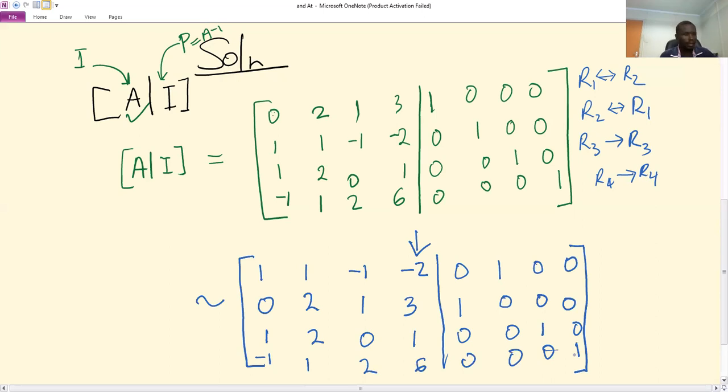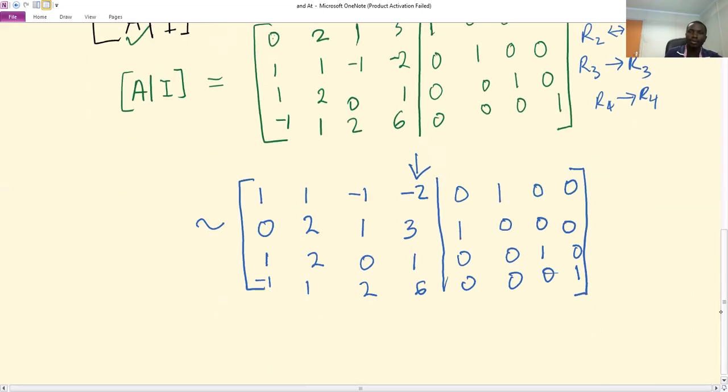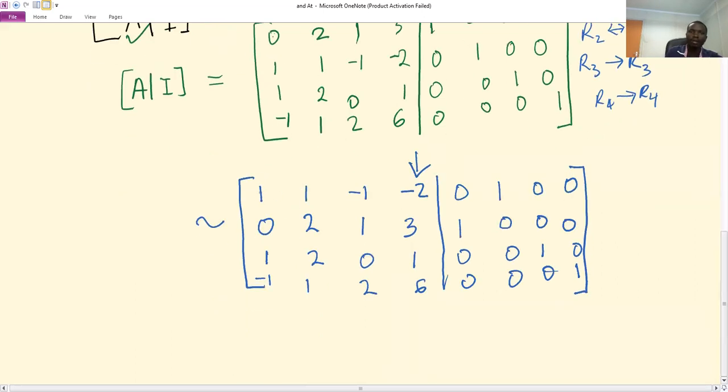So that is the first step. We have interchanged row 1 and row 2 so that we have 1 in this position.